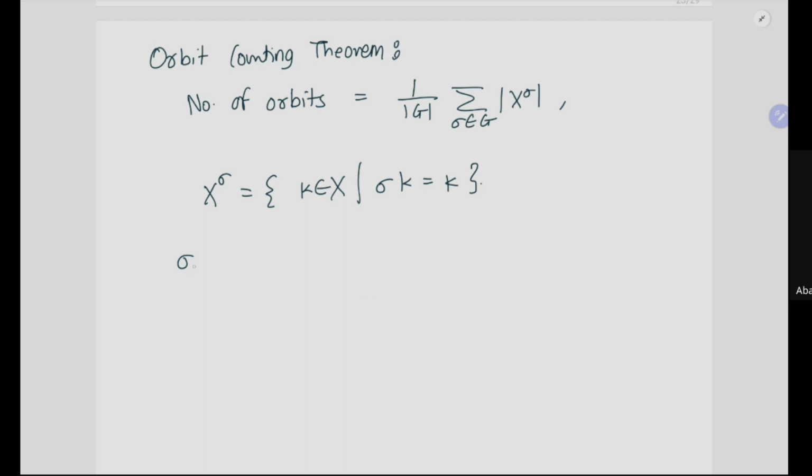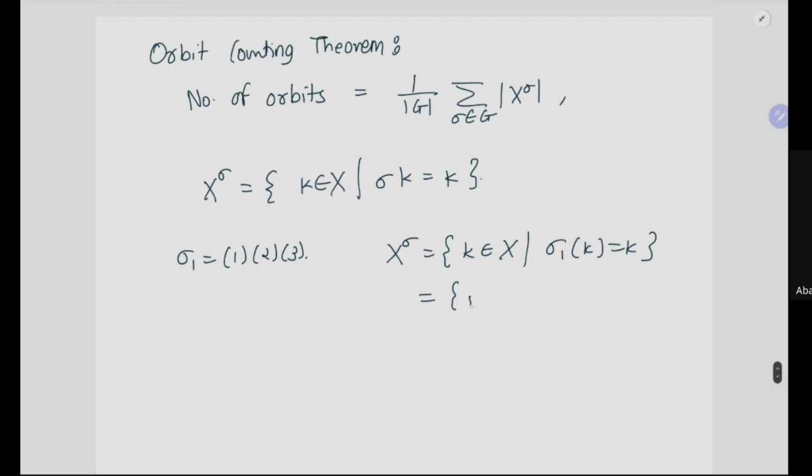For example, if my sigma 1 was 1, 2, 3, then x of sigma 1 is the set of x in X such that sigma 1 of x is x. What are all the elements where sigma x is x? It is all of 1, 2 and 3, because sigma 1 is 1, sigma 2 is 2, sigma 3 is 3.